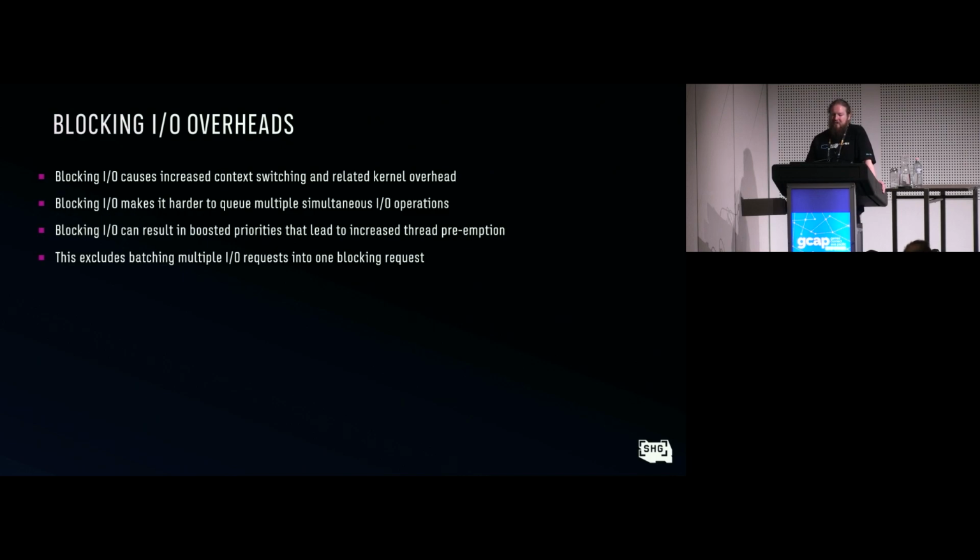Then there is the hardware device throughput. Because you only send one request at a time, there is a big gap while the operating system scheduler is coordinating your threads, so the I/O device is potentially remaining idle.